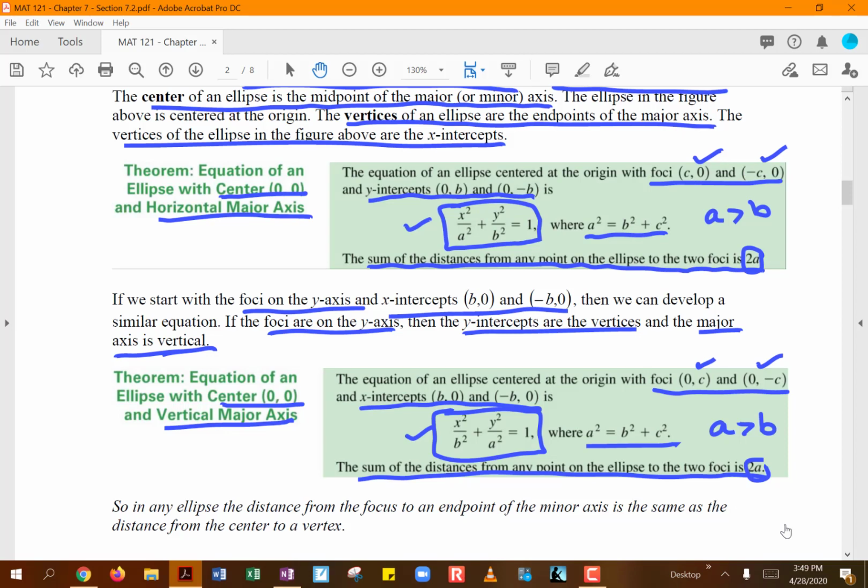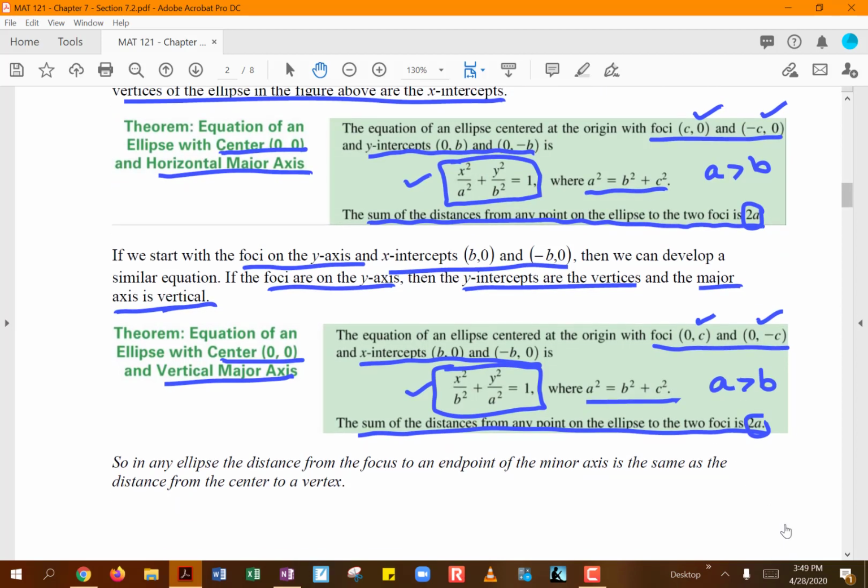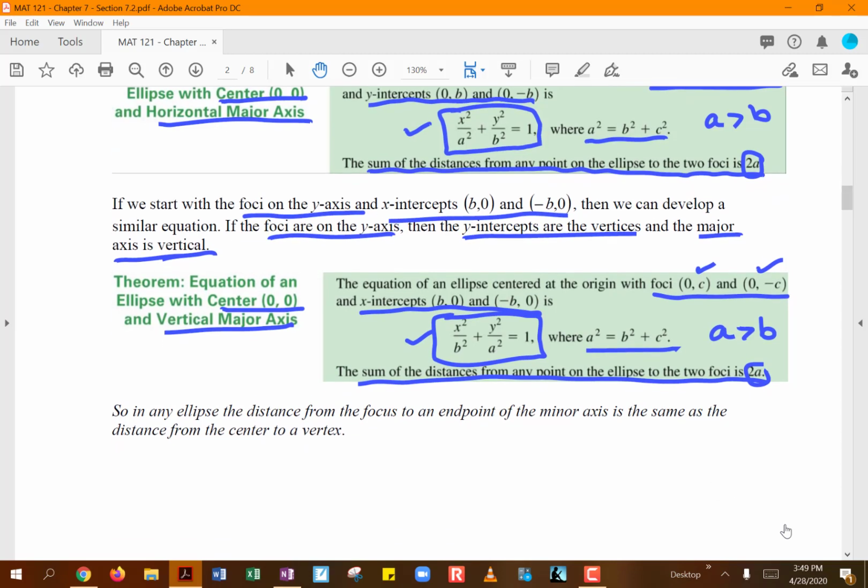So that's how you actually tell the difference between what kind of ellipse you have. If the larger denominator is under x squared, then it's going to be a horizontal major axis. If the larger number in your denominator is underneath y squared, that means you are going to have a vertical major axis.